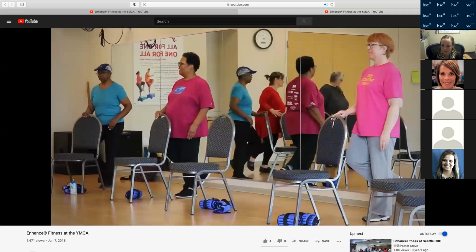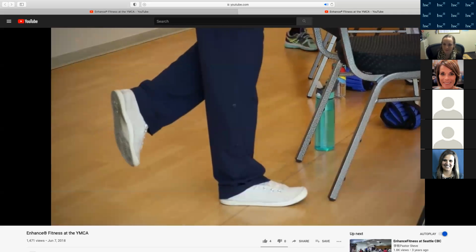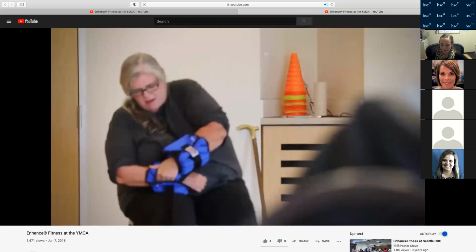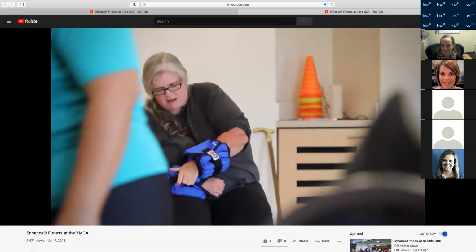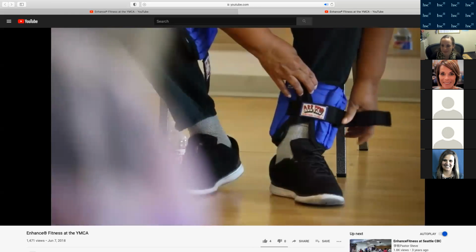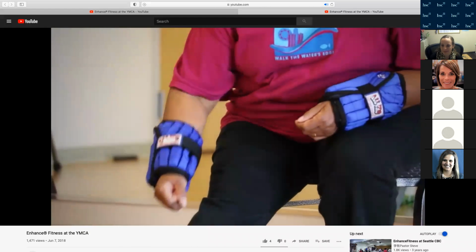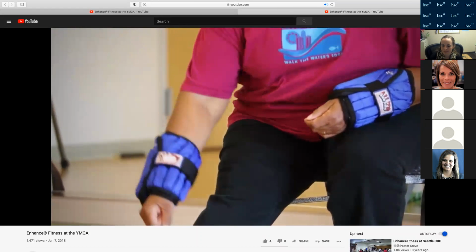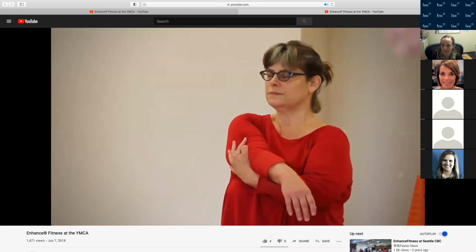We always start with a warm up, and then we do some balance exercises and cardio. We go into arm and leg weights. This class is endorsed by the Arthritis Association, and so you're not having to hold weights. You can put them around your wrists and still participate. And then after weights, we have some stretching and cool down.